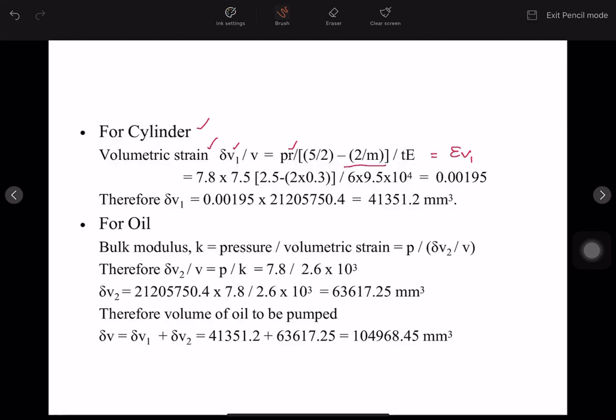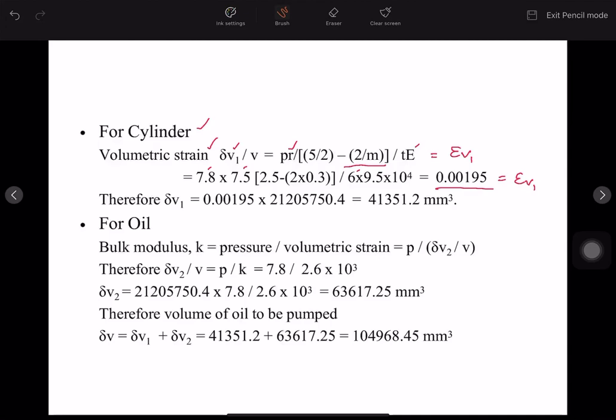So if you substitute all the values, P D by 2, that is 7.8 into 150 by 2, nothing but 2.5 minus 2 mu, mu is 0.3, and ultimately substitute 6 and the E value, we will get a certain volumetric strain. So this is our epsilon V1.